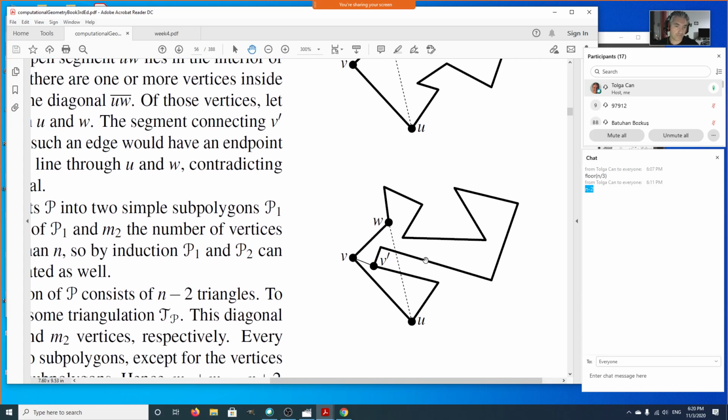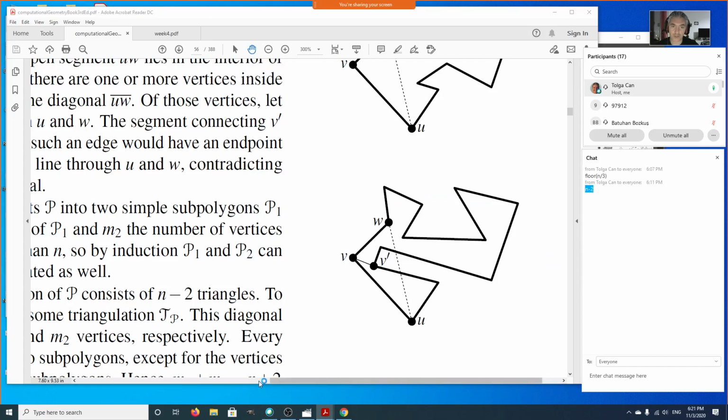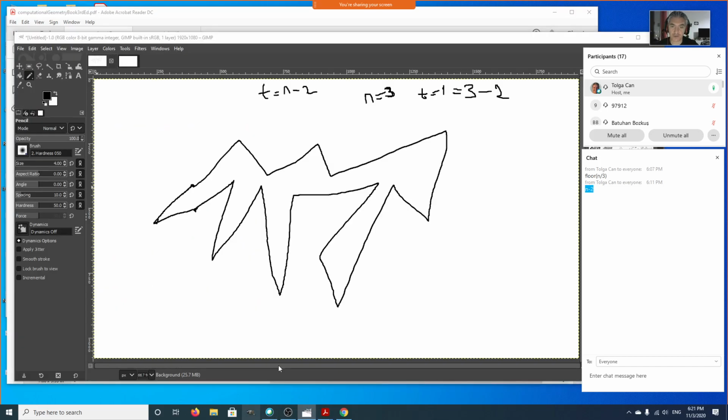What I mean is that we do not always get a triangle out of this, but by drawing this diagonal, we chop the polygon into 2 smaller polygons. This gives us a chance to use the inductive hypothesis.